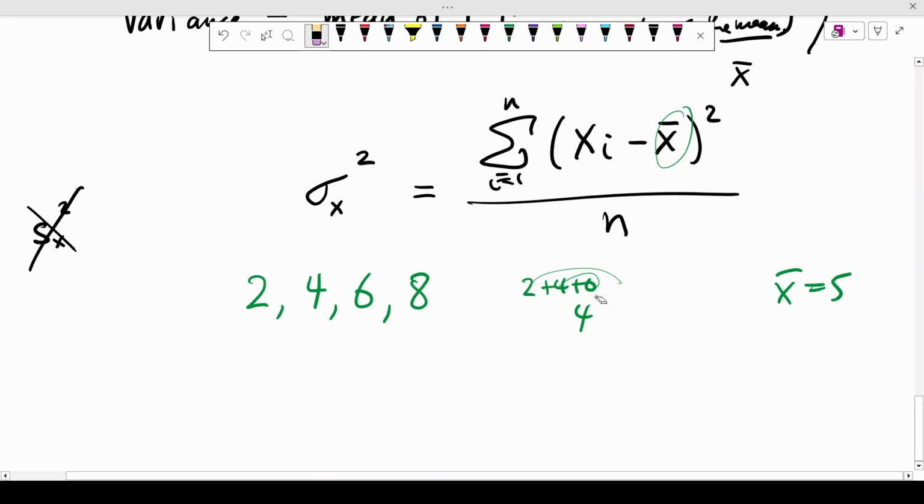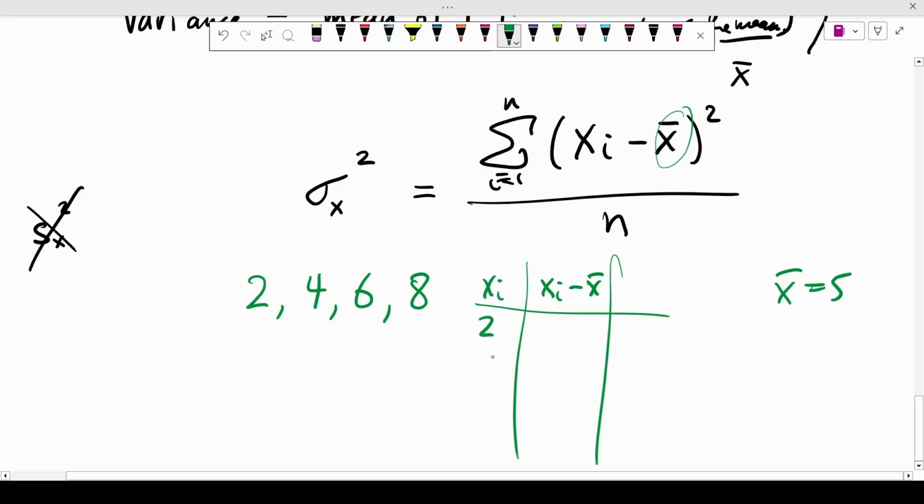And then for each data point here, I would say, how far away is it from 5? In fact, I could make a little table here. This is my xi minus x bar value. Here's my xi value, 2, 4, 6, and 8. So 2 minus 5, negative 3, 4 minus 5, negative 1, 6 minus 5, 1, 8 minus 5, 3.